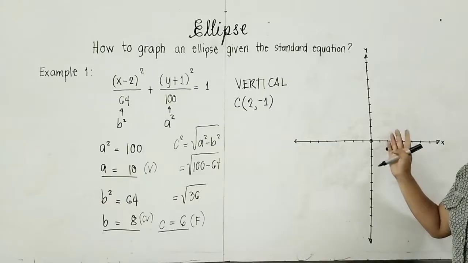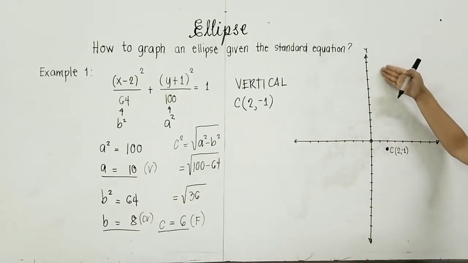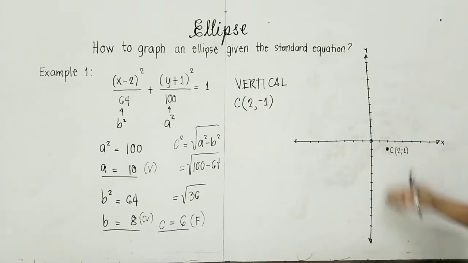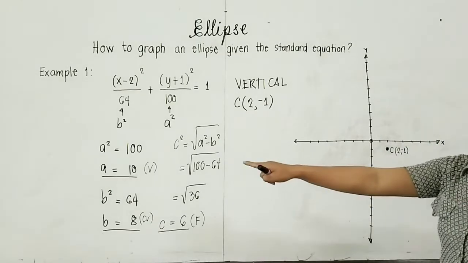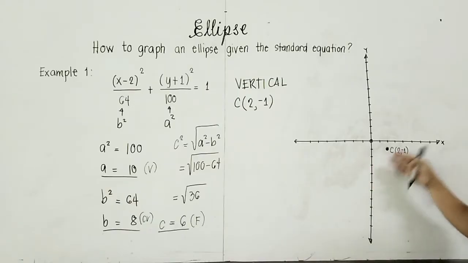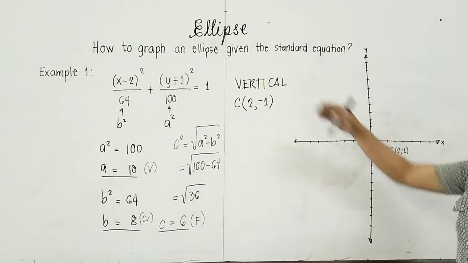Since the position of this ellipse goes with the vertical axis, our vertices and our foci are on this line. So we will count a units upward and downward. First, a is equal to 10. To locate our vertices, we will count 10 units upward and downward, again because the position is vertical.